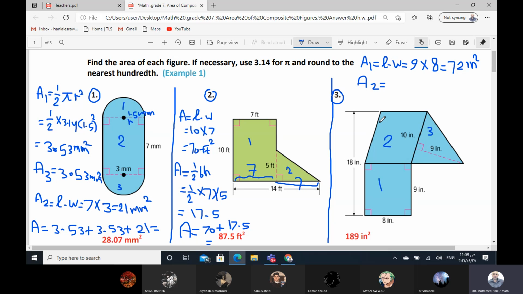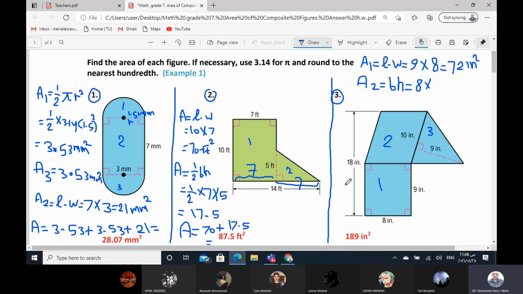Now here we have a parallelogram. The formula will be base times height, and this is the base, will be 8, this side equals this side, so the base will be 8 times the height from here to here.